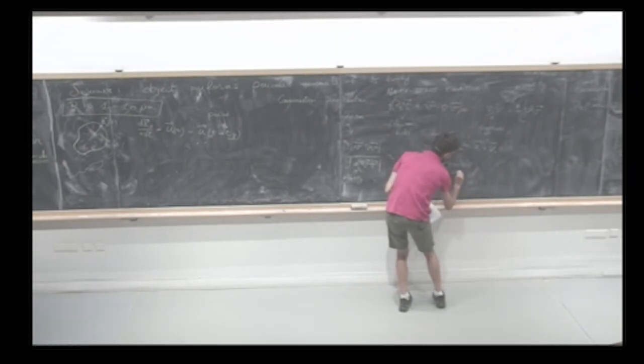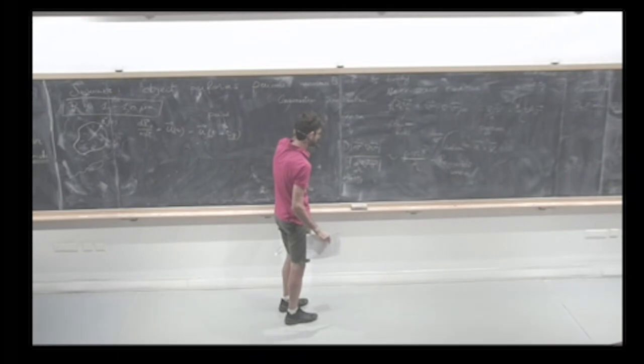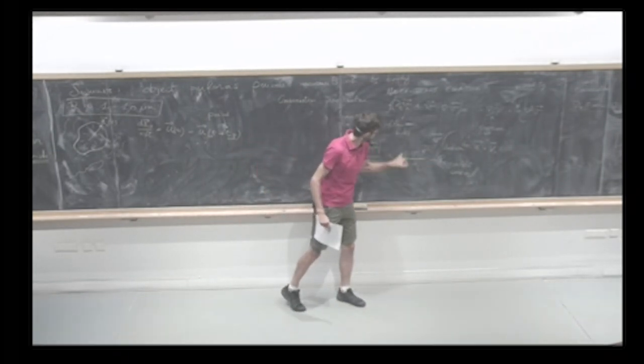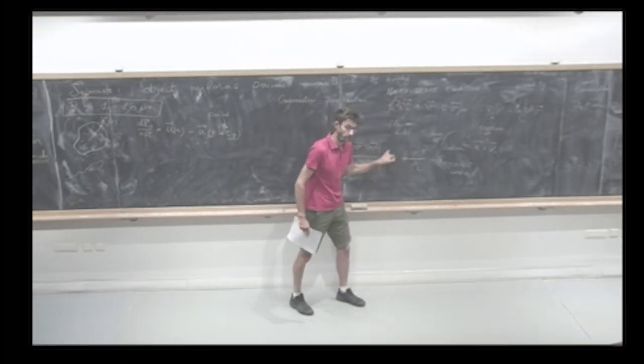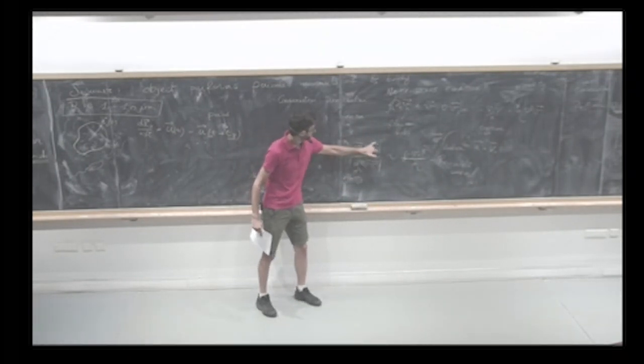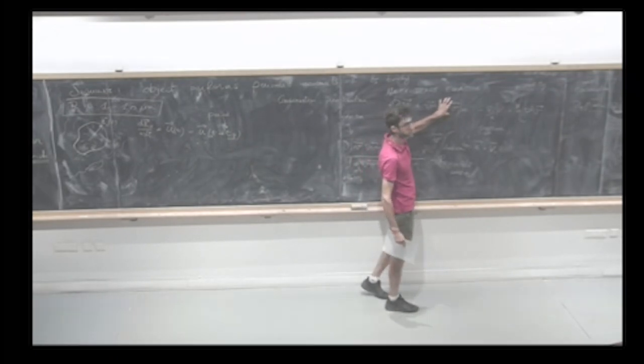And this is what is called the Reynolds number. This combination of quantities, if it is very large, tells you that this part of the equation is dominant.